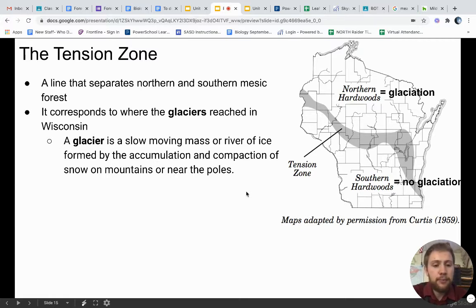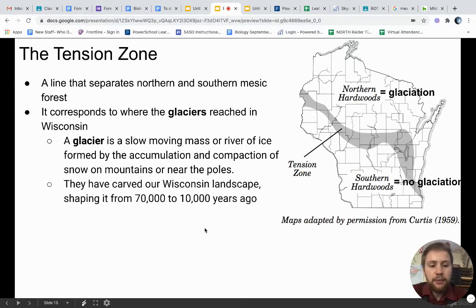Over time, they move very slowly. So if we think about Wisconsin's history, they carved out our landscape into what it is today, and they shaped it from 70,000 to 10,000 years ago. When the glaciers started to recede, that was the end of the last ice age, what we consider the ice age, if you've seen that cartoon movie.